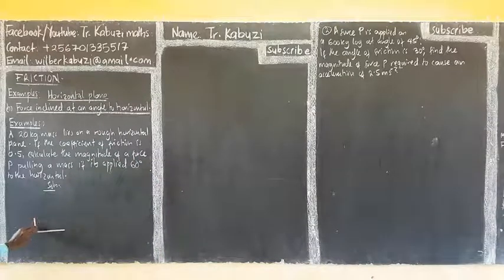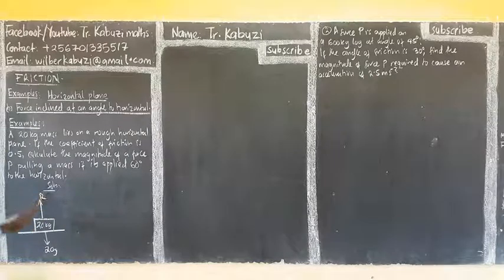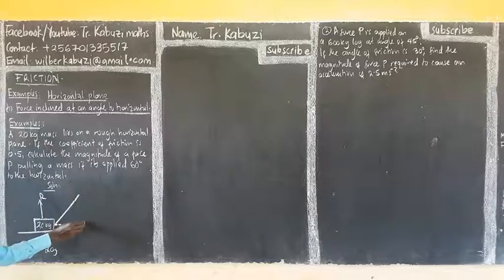So this is what we have as our mass. It is 20 kilograms. Because of that mass, we express a weight of the mass times gravity. We also have a reaction. Now the force, remember if this is our horizontal, the force is applied at an angle of 60 degrees.